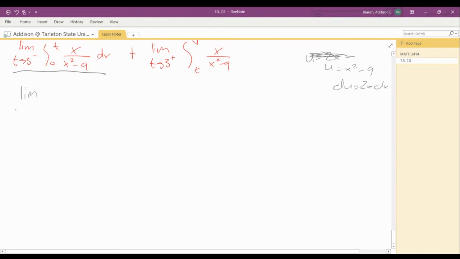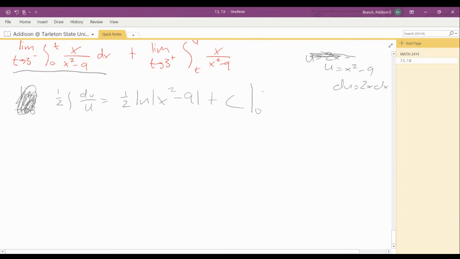We don't need to worry about the limits, since we're just doing indefinite integrals at this point. So we are getting the integral of 1/2 du over u. Therefore, we get 1/2 natural log of the absolute value of x squared minus 9 plus c.